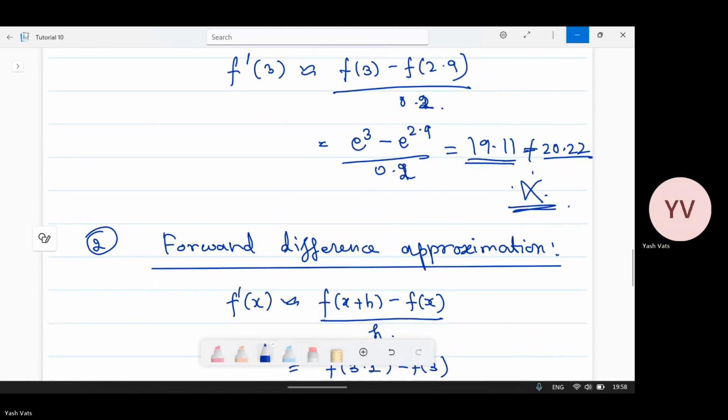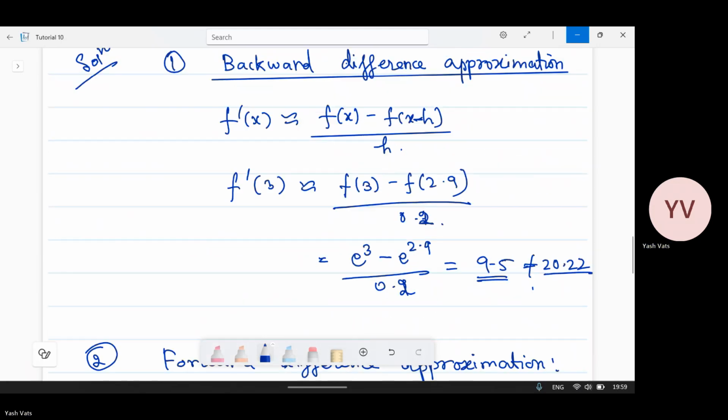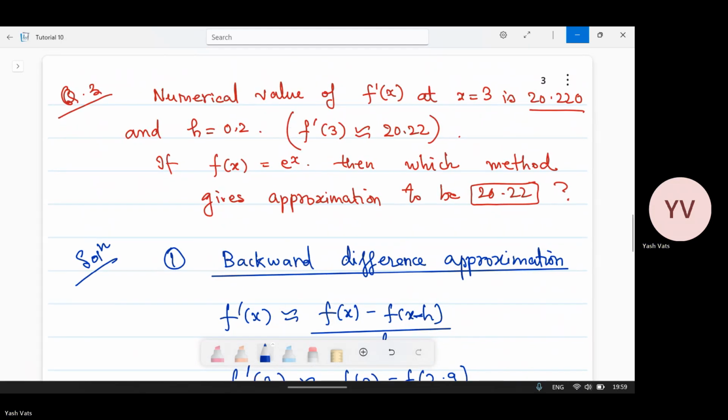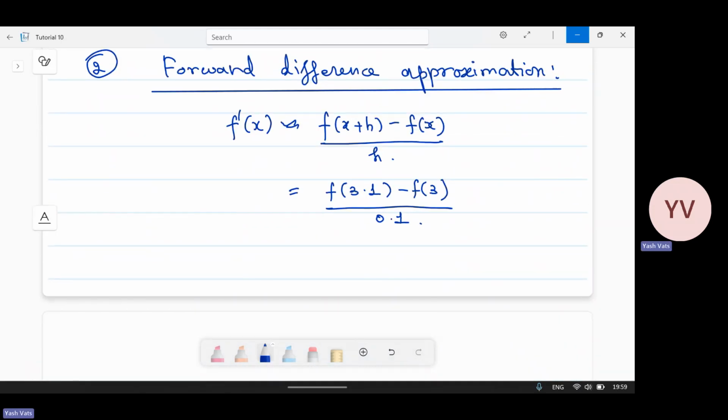So it will be 9 point something, which is not same as 20.22. What is f 3.1?